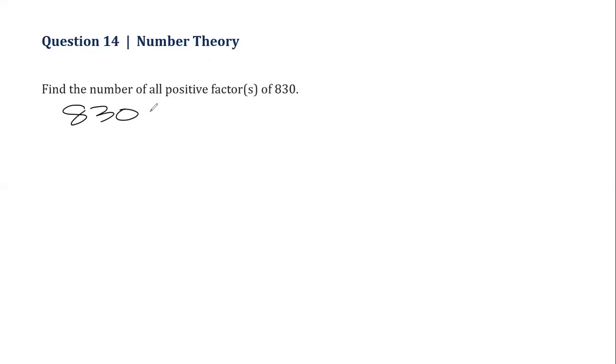That is, to express this number as the product of its primes. So we have 415. 415 is 5 times 83. So 830 is 83 times 5 times 2.